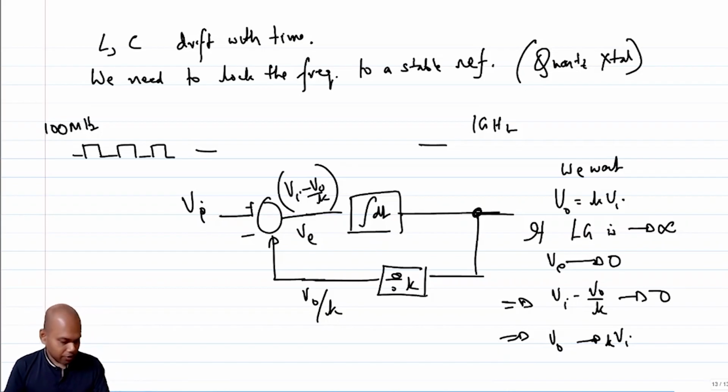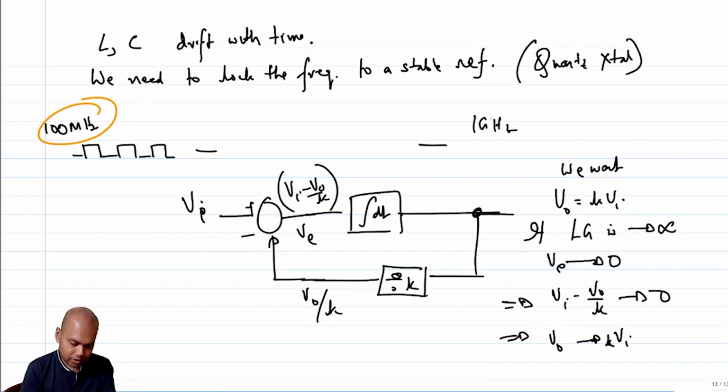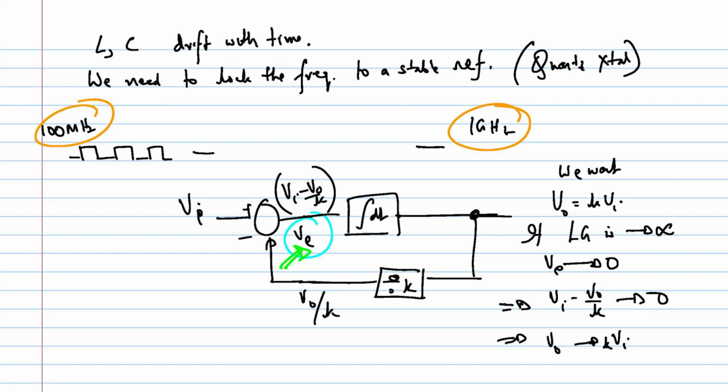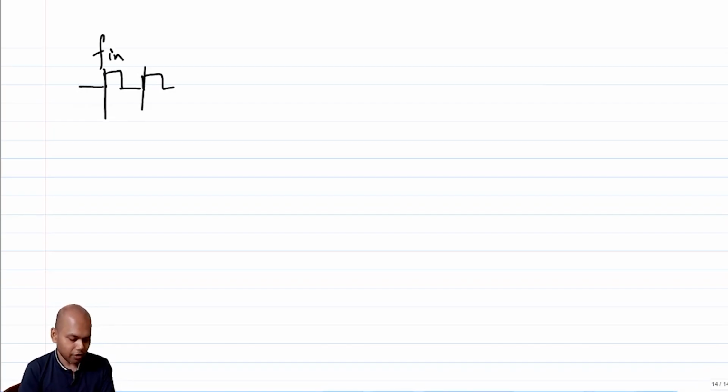So here we want to use the same mantra to multiply the frequency, not the voltage but the frequency, right? So what do I need? I have an input which has a certain frequency. We are not talking about voltage, by the way. This is Fin. Fin is basically the number of rising edges per unit time, right?